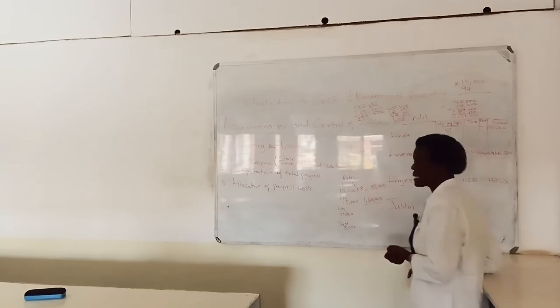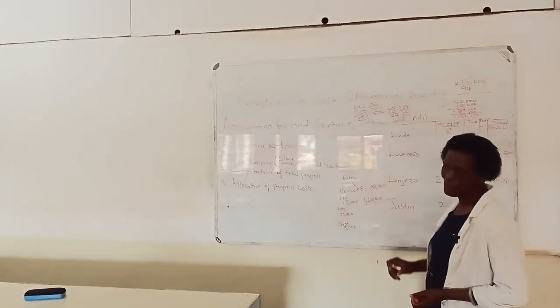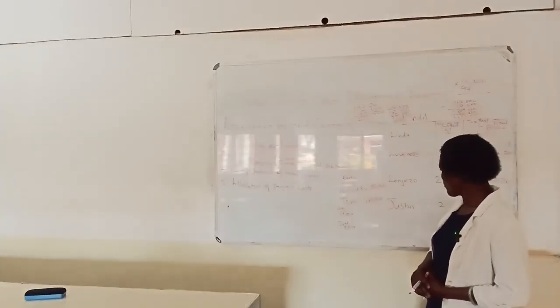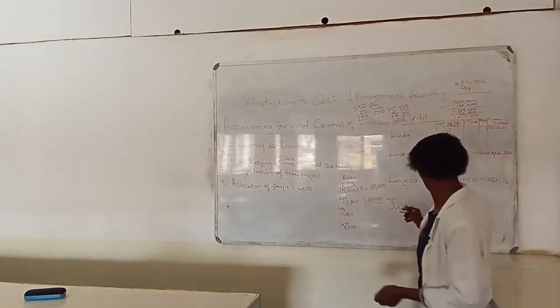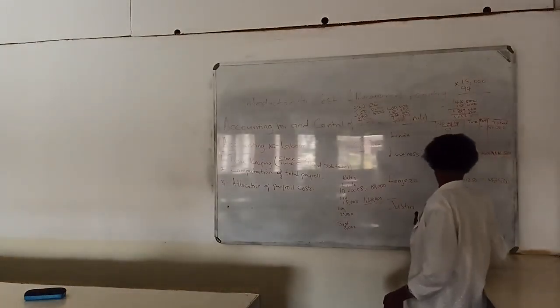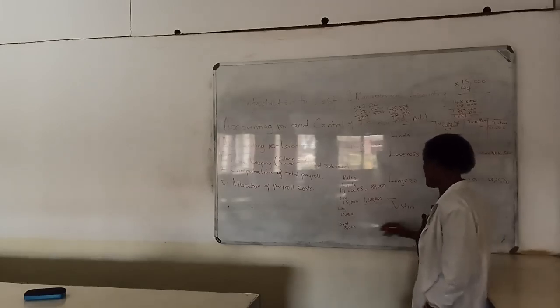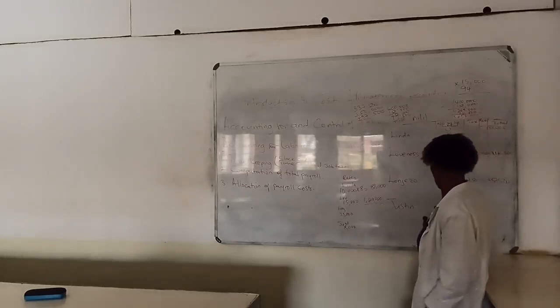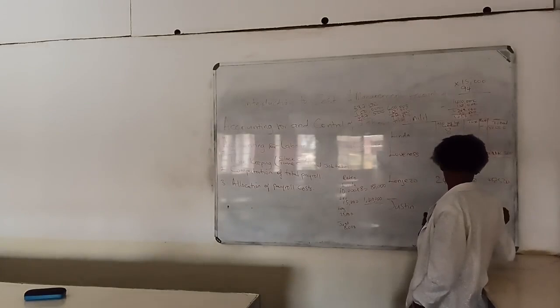Now we come to Justin. 2 hours. How much? 8,000, which means no need of tax. But we're just going to multiply by that, which is going to be 16,000.